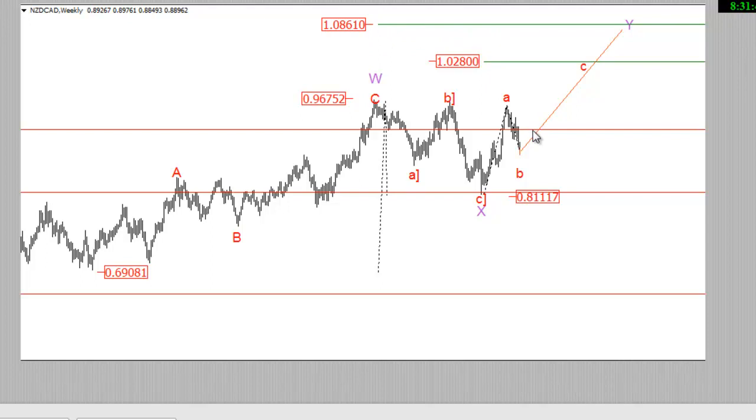This is a weekly chart, so it's going to take a whole lot of time to achieve all this if price is actually going to move this way. It's possible that price goes down, and it still fulfills the guideline or the rule of Elliott. You have A, and B can still come deep, but how deep can this B come to?